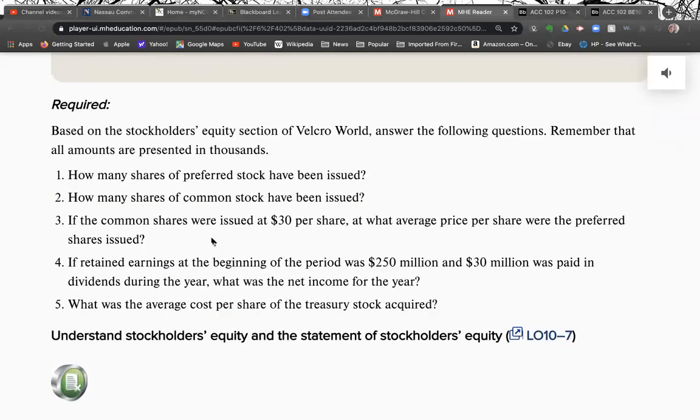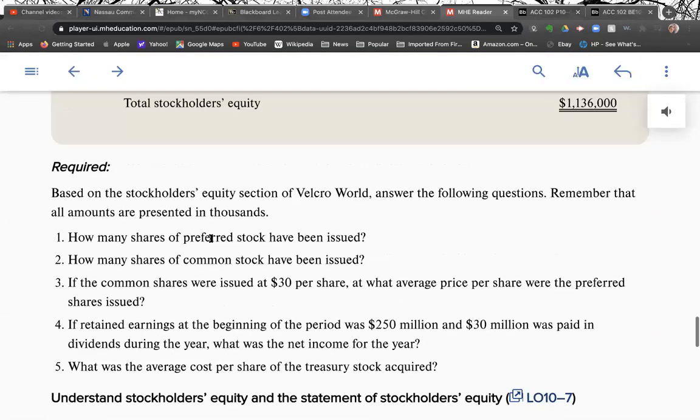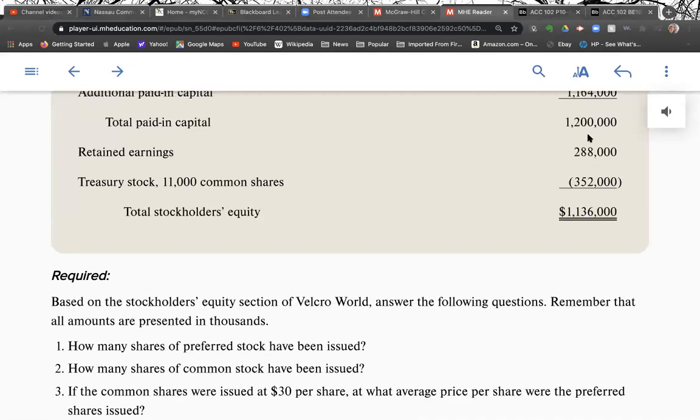Okay, here we go. If retained earnings at the beginning of the period was $250 and 30 million was paid in dividends during the year, what was the net income for the year? Now, if you like to draw T accounts, right, you could draw a T account for retained earnings, and you would say beginning balance was $250, that's on the credit side, and then 30 million dividends, that's on the debit side. And then what's the ending balance of retained earnings? It was 288.